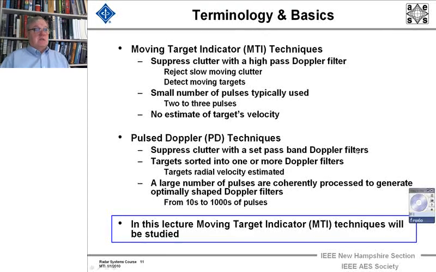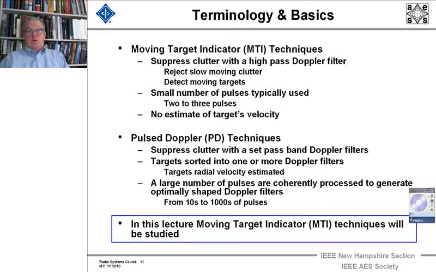What they'll do is they'll take data from a set of pulses, put them into a linear Doppler filter, which will have different weights, and the inputs will all go into a set of filters.